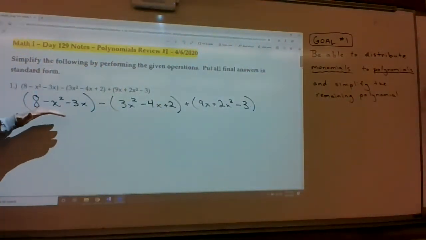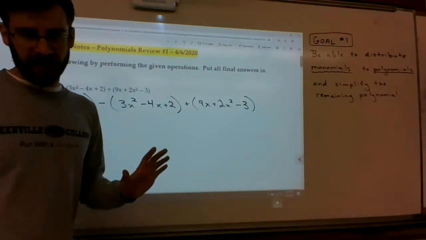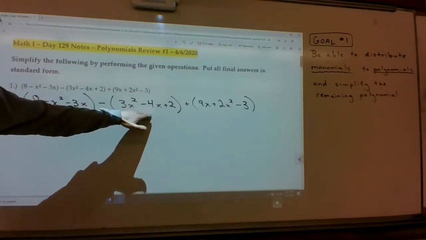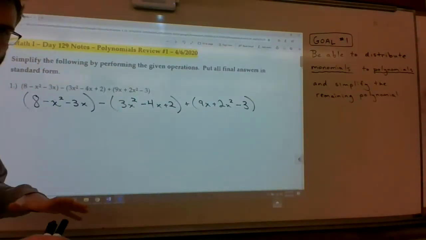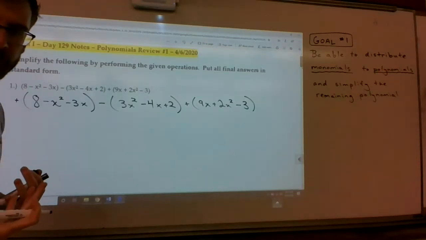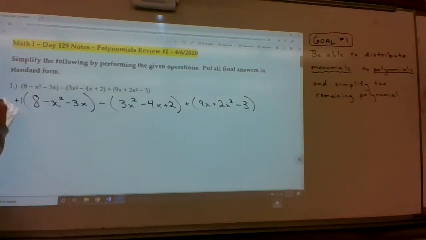What I've given you is 3 different polynomials, and we're not even distributing anything at this point. We're just taking the first one, subtracting the second, adding the third. If you remember what we do in this case, if there is a positive implied in front of a polynomial, that means it's almost like a positive 1.